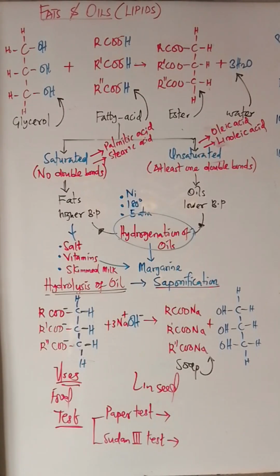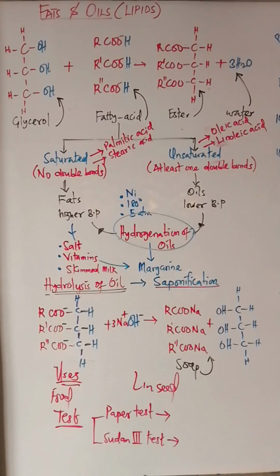Then for the Sudan 3 test, we add a few drops of water to that oil, then we shake it, then we add a few drops of Sudan 3. If the mixture is stained red, it indicates that what we have there is fat or oil.